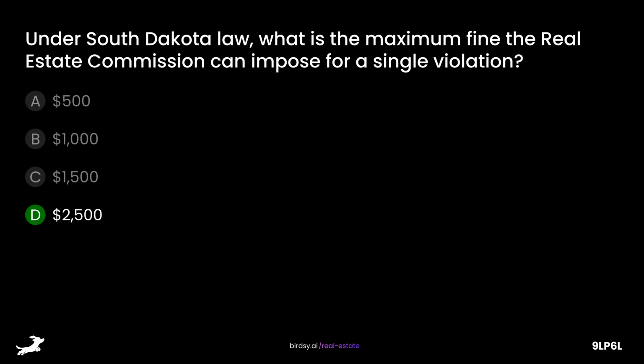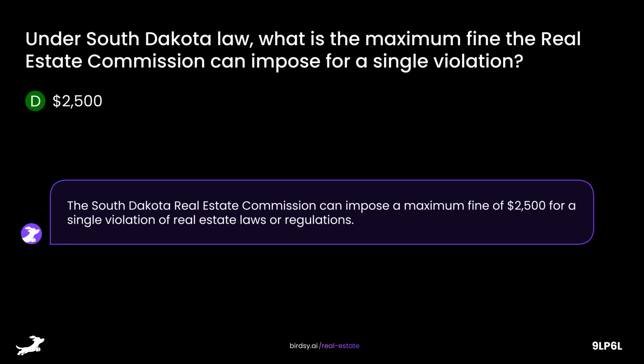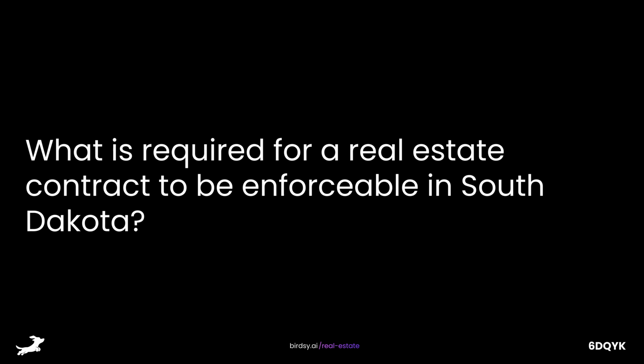The answer is D, $2,500. The South Dakota Real Estate Commission can impose a maximum fine of $2,500 for a single violation of real estate laws or regulations. What is required for a real estate contract to be enforceable in South Dakota?